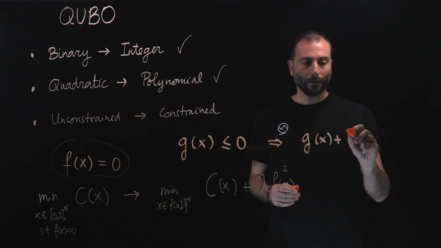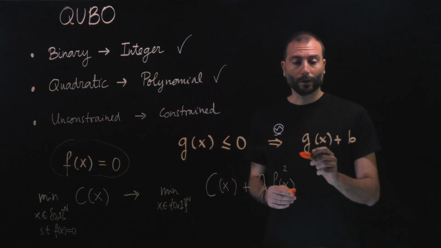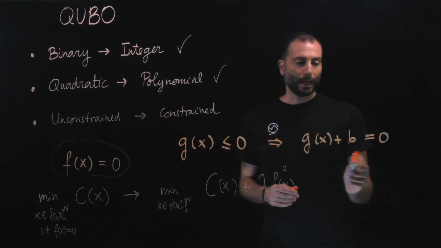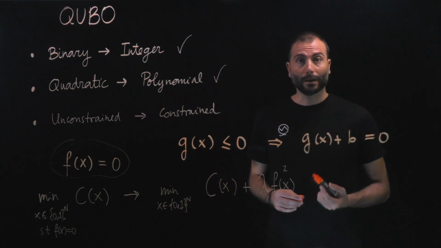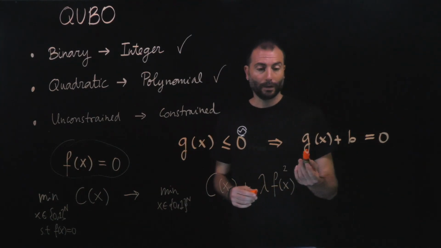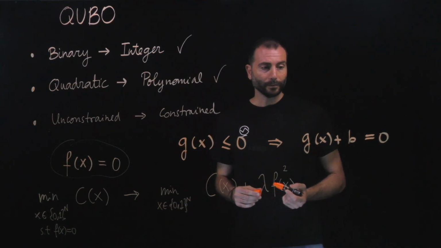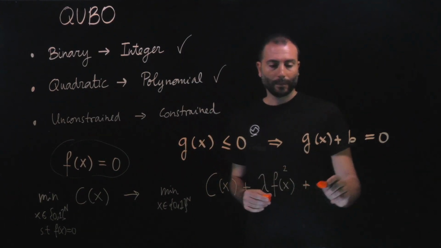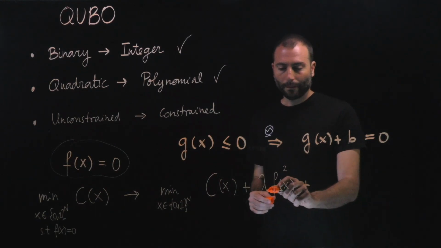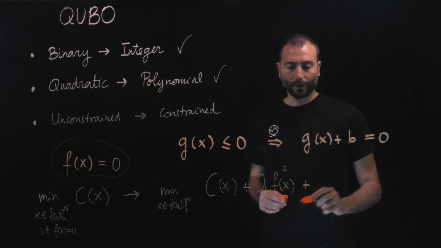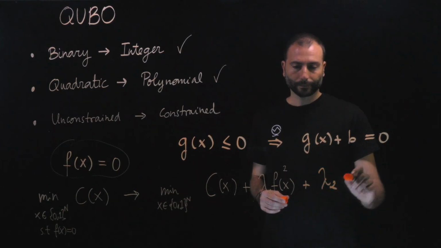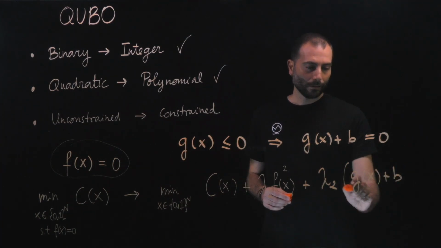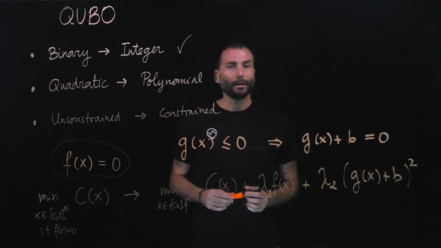We add an extra variable that we will add to the QUBO, and we can express this as an equality constraint, given that this variable is positive, like most of the QUBO variables are. So basically we could just add this constraint by adding a new lambda coefficient or a new Lagrange multiplier, such that this is the case.